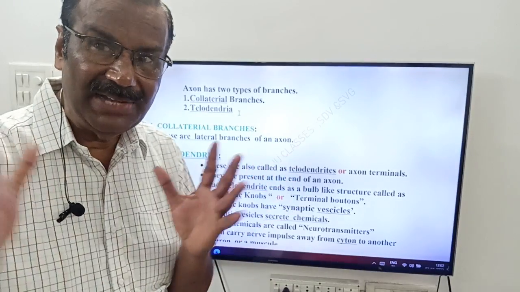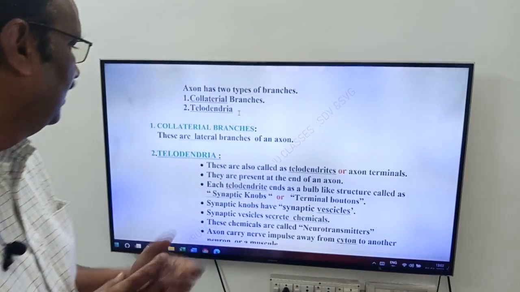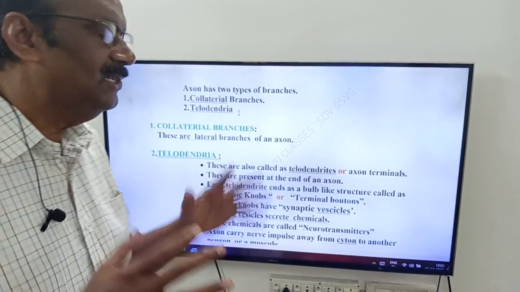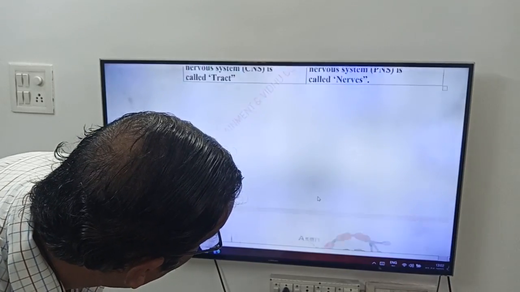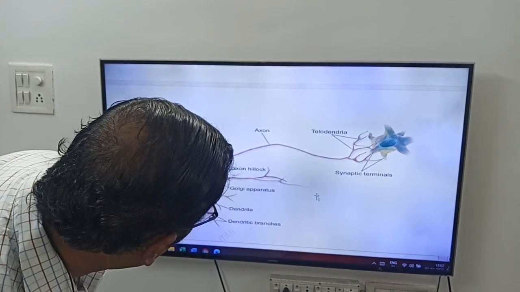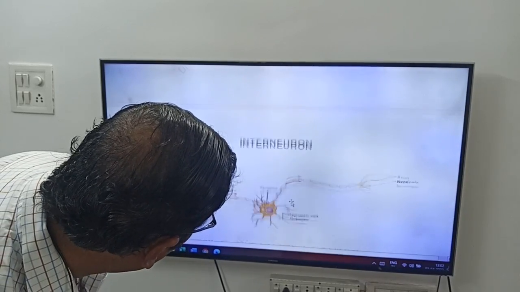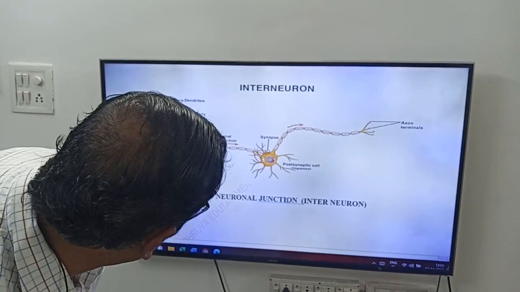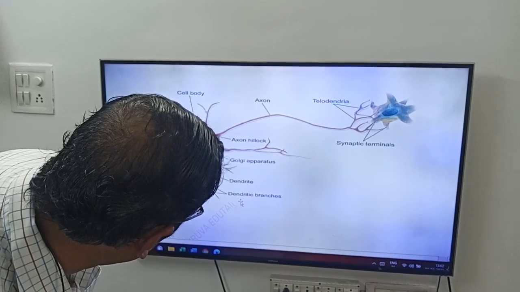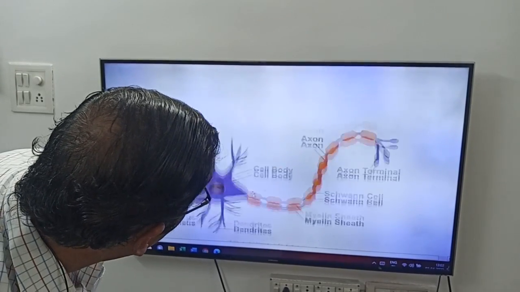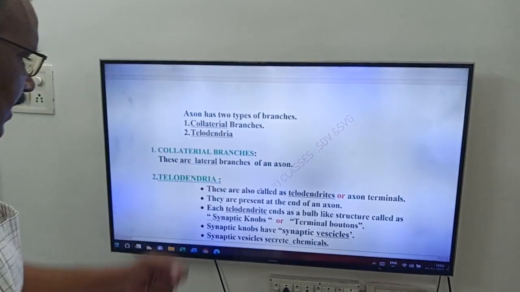Collateral branches are the lateral branches of the axon. Here in the image we don't have collateral branches, friends. So collateral branches are the lateral branches of the axon.